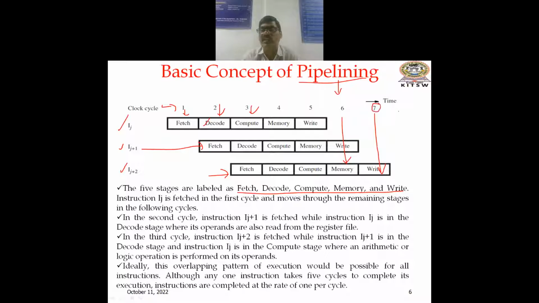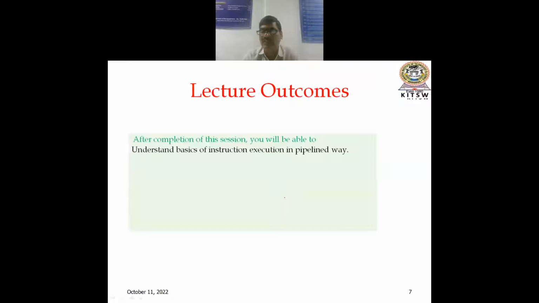Earlier, without pipelining, we required 15 clock cycles to complete the execution of these three instructions. But with the pipelining concept we use only 7 clock cycles. So we are improving the performance of the processor by making use of pipelining in instruction execution. That is the basic idea about pipelining.